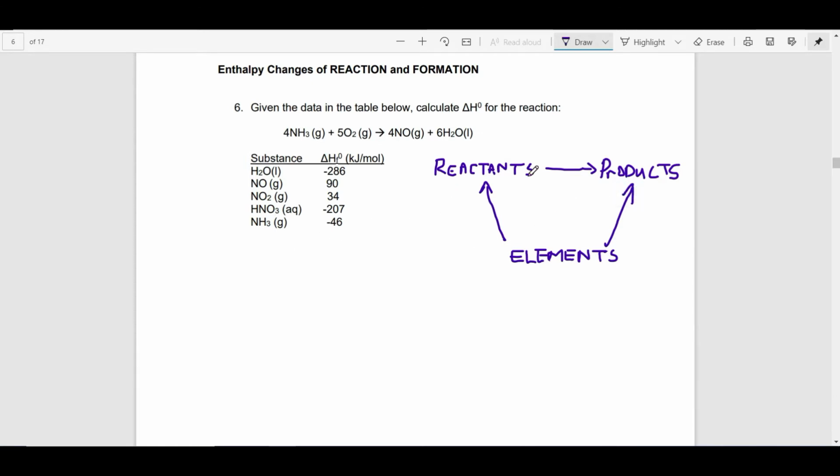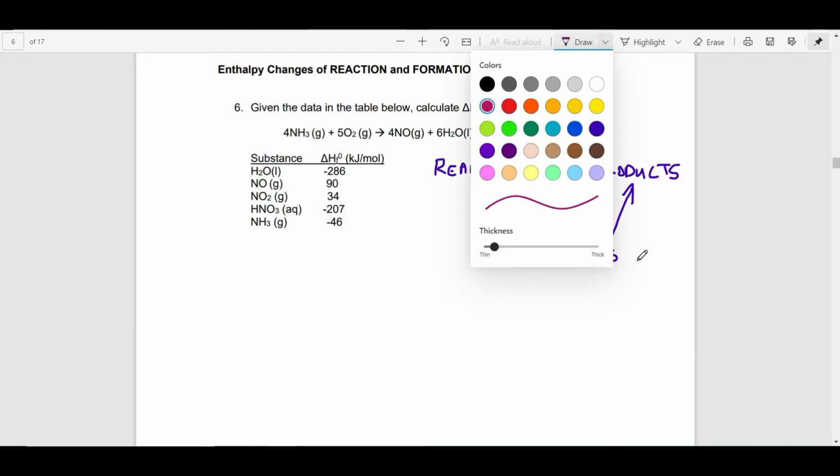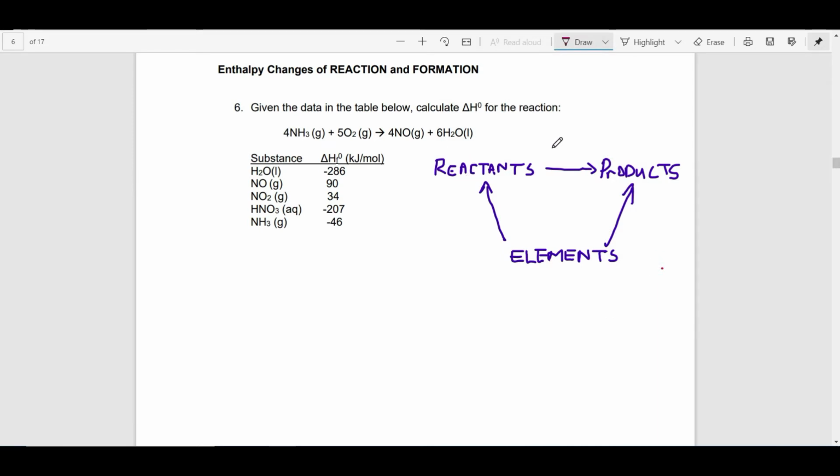What we've created here is a cycle, and if we put in the energy terms, then we effectively have an enthalpy cycle. If we label the enthalpy changes involved, this will be delta H of reaction. Converting the elements to the reactants will be the enthalpy changes of formation for the reactants.